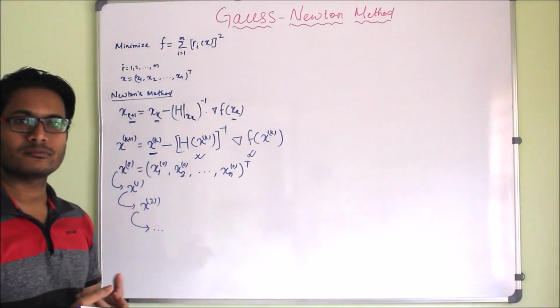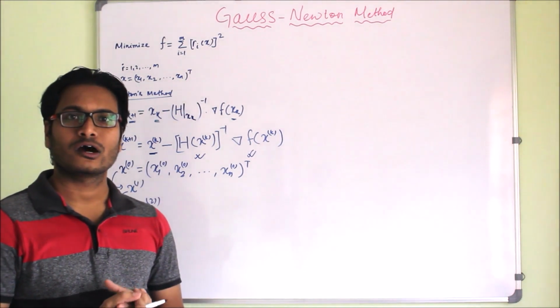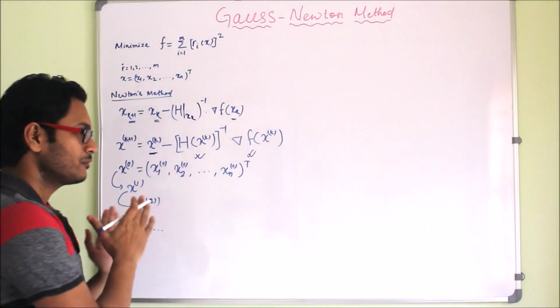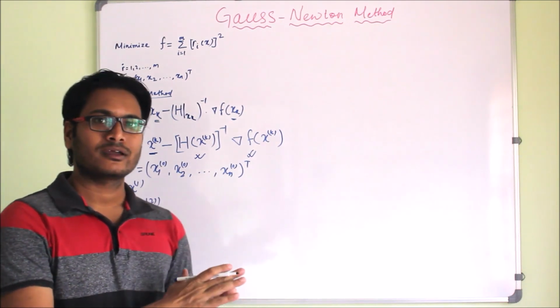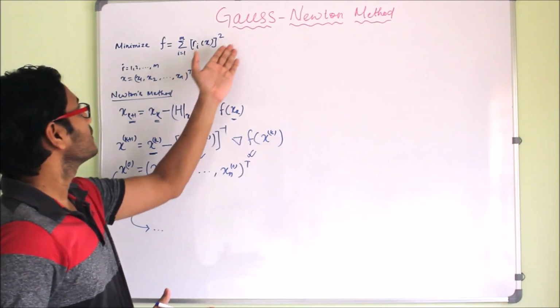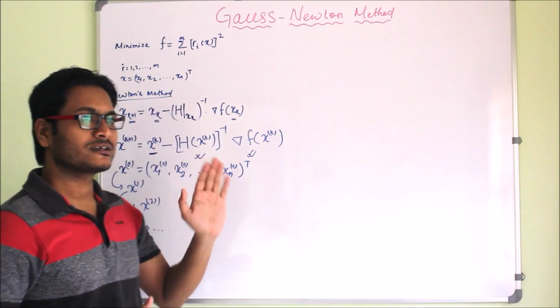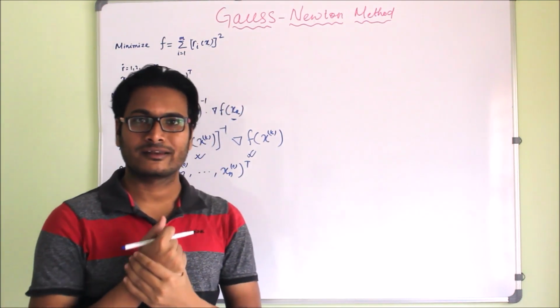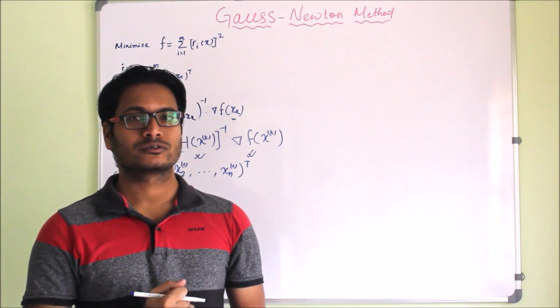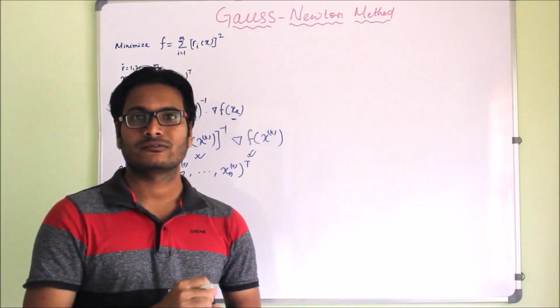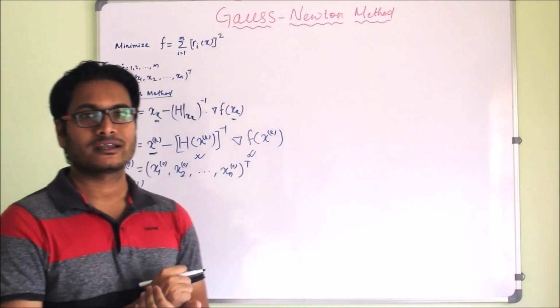And where do we have to stop? When the optimum criteria is achieved. The optimum criteria is the same for the Gauss-Newton method as what we discussed in Newton's method. For both methods the optimum criteria is the same, so you can see that lecture to see what the optimum criteria is.